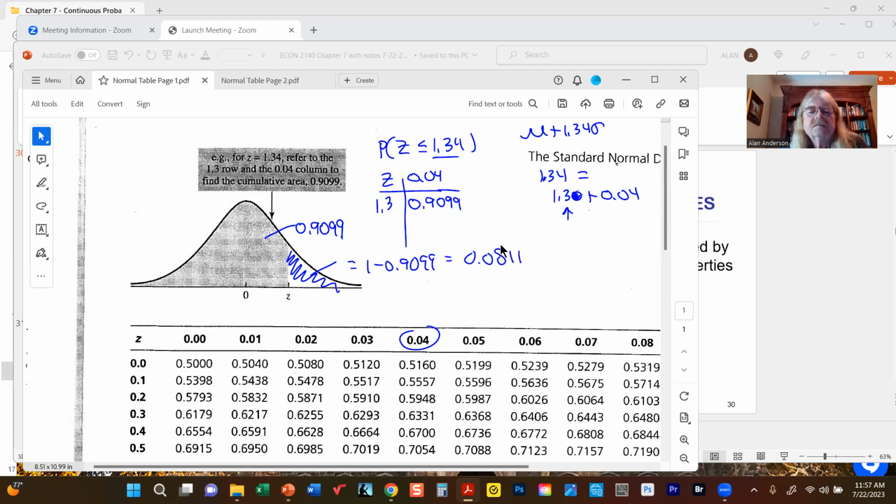And this area represents being greater than or equal to 1.34. So if the area to the left of 1.34 is 0.9099, all the rest of it must be whatever we get when we subtract it from 1, which is 0.0901.